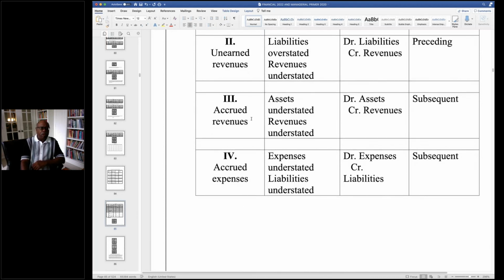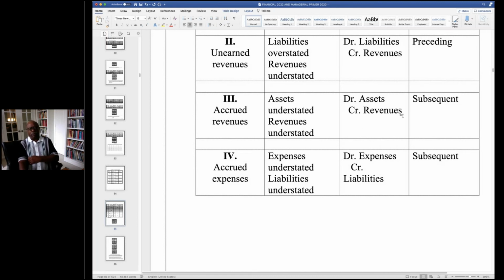So accrued revenues, we'll work with it, but it's pretty much like you earn the income and you're collecting later. So you're going to debit some accounts receivable or accrued receivable or interest receivable and credit the revenue. Then when you collect, you debit the cash and credit the receivable.